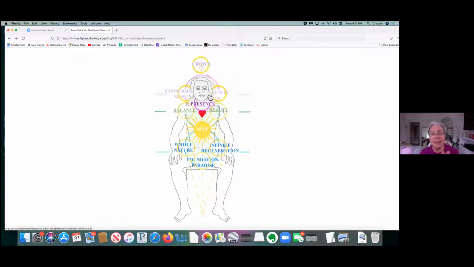And the center of your heart is the only way that you can begin to release and connect to the center of the pelvis, the center of itself, here, the pelvis and the pelvic floor.